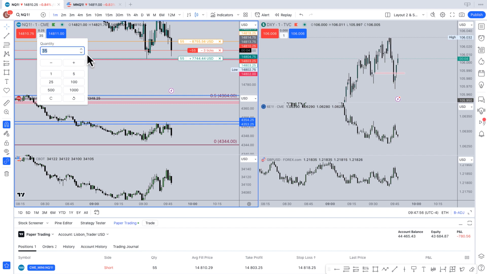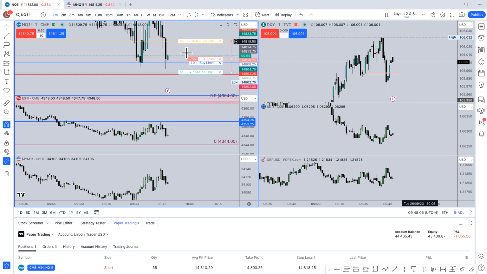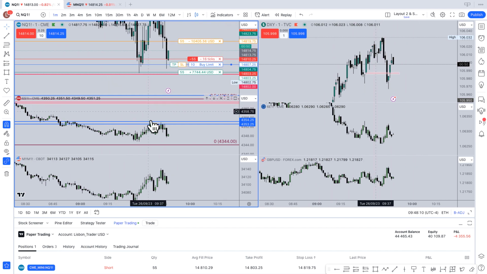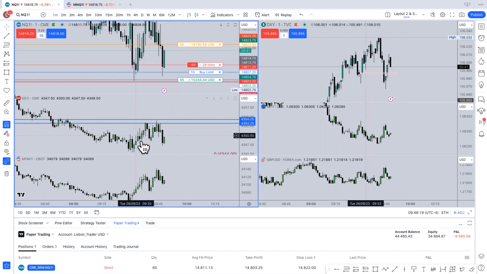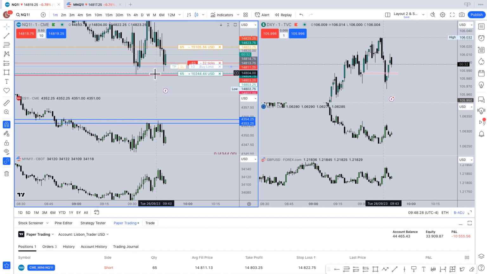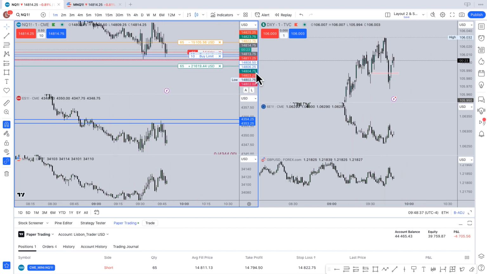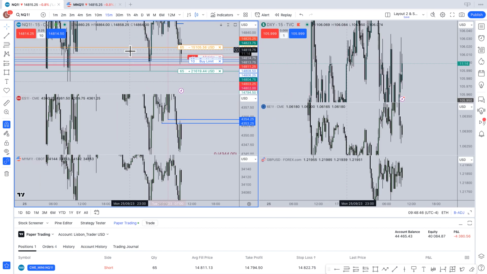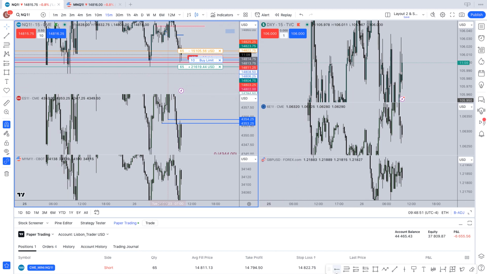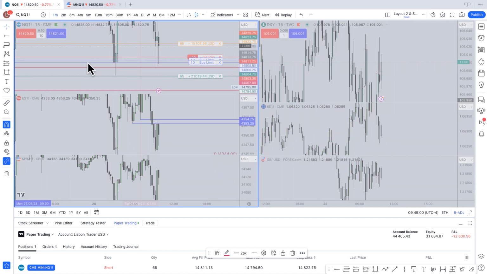So some side liquidities over there. We are getting stopped out.